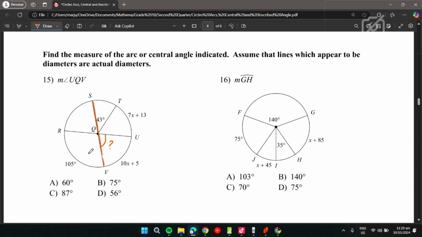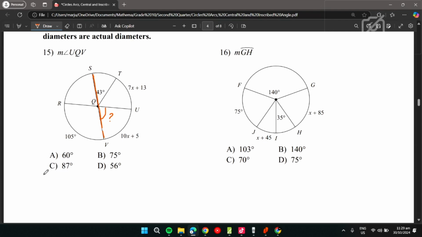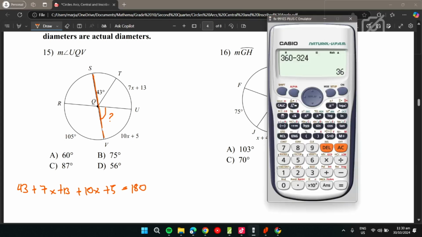Right? So meaning to say, 43 plus 7x plus 13 plus 10x plus 5, everything is 180. Alright? So, let's try to solve this one together. Combine like terms lang natin. So, ano yung dapat i-combine natin?